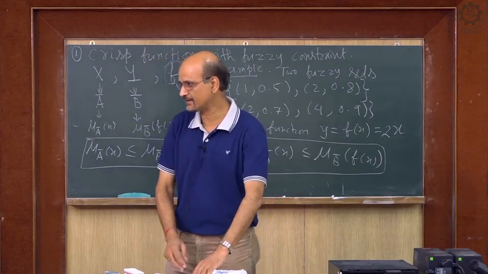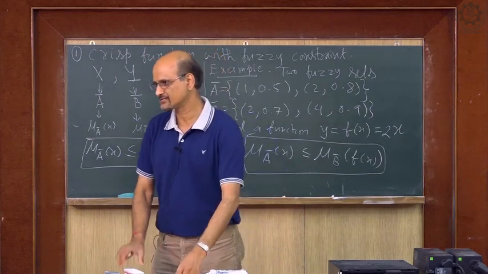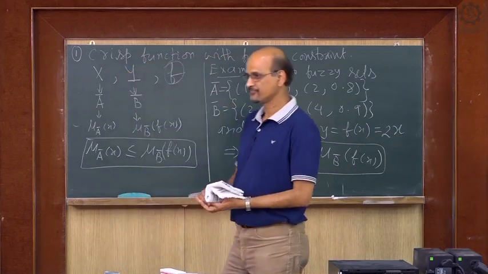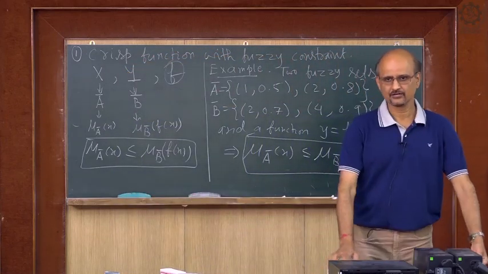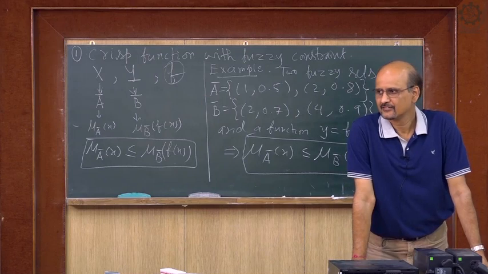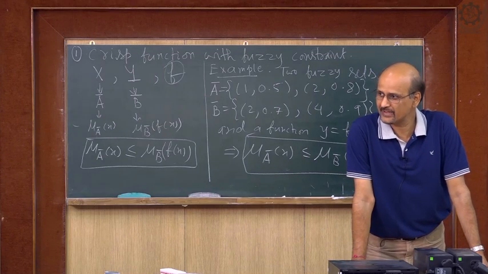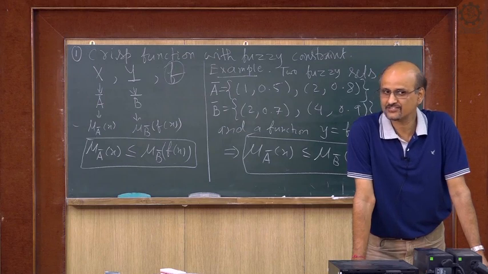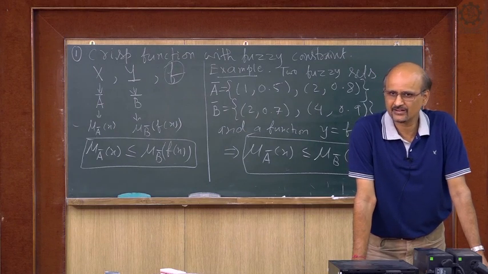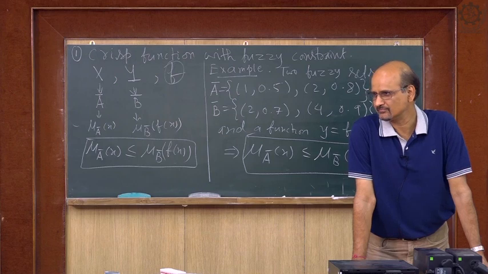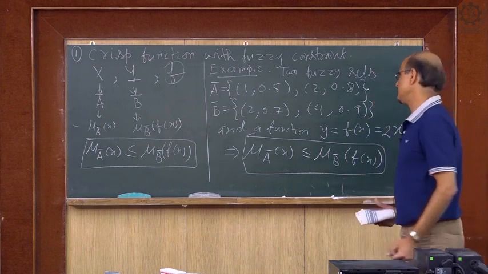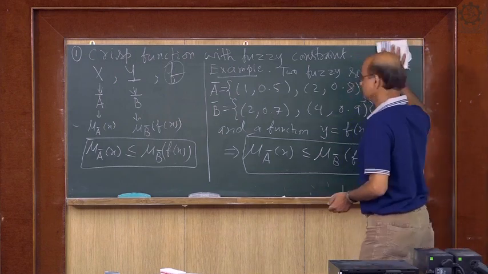Now, coming to the second type, that is, what was the second type? Where crisp function f that propagates fuzziness of independent variable to dependent variable. What do you understand by this? And you have already studied that.